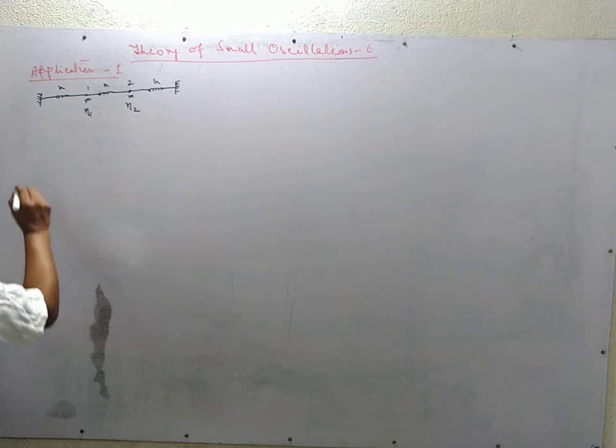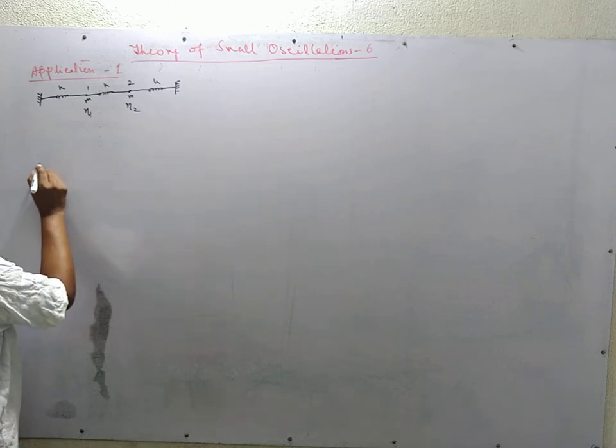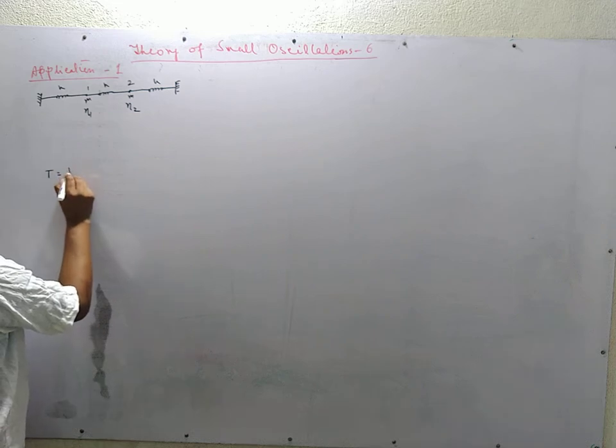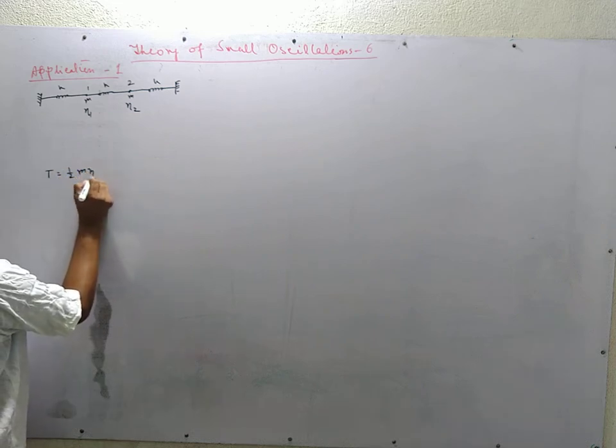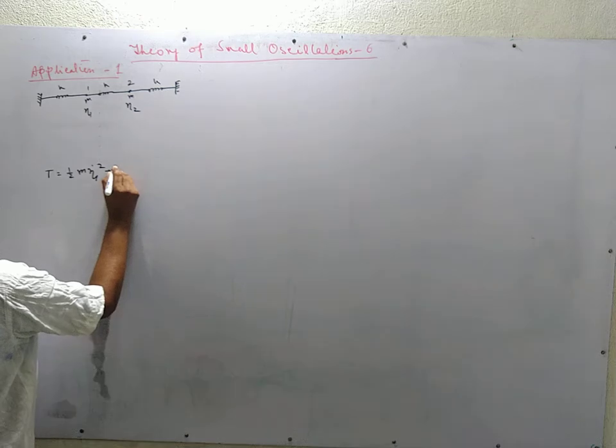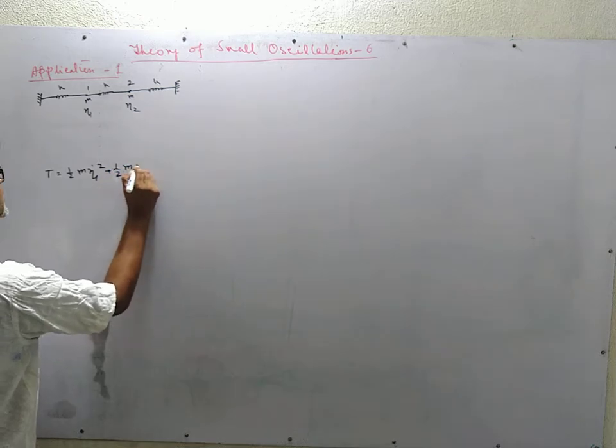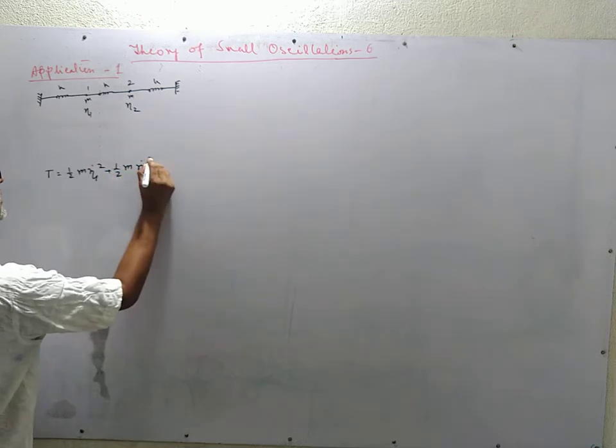Now coming to the kinetic energy, T is half m eta 1 dot square plus half m eta 2 dot square.